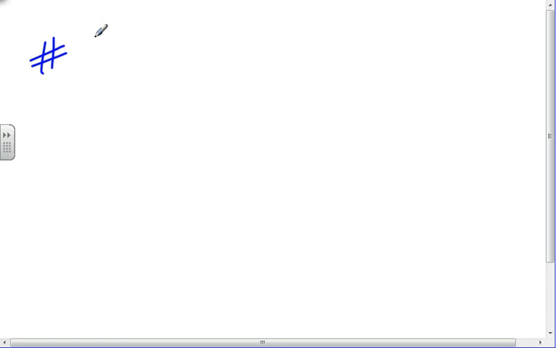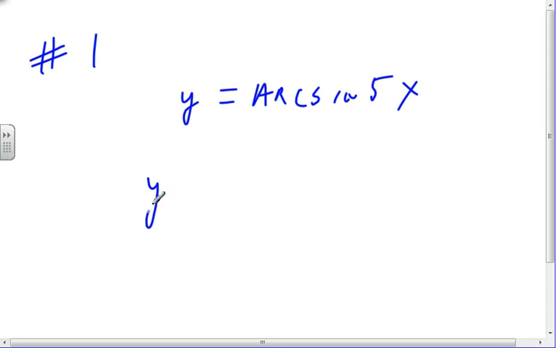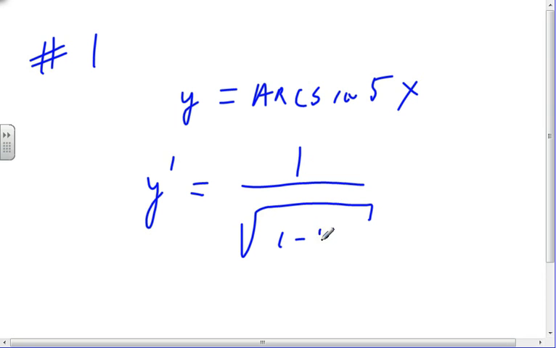Should we start with number 1? Okay, we'll start with number 1. Y is the arc sine of 5x. So y prime would be, and I'm looking at the formula on page 769, 1 over the square root of 1 minus 5x squared times the derivative of 5x, which would be 5.